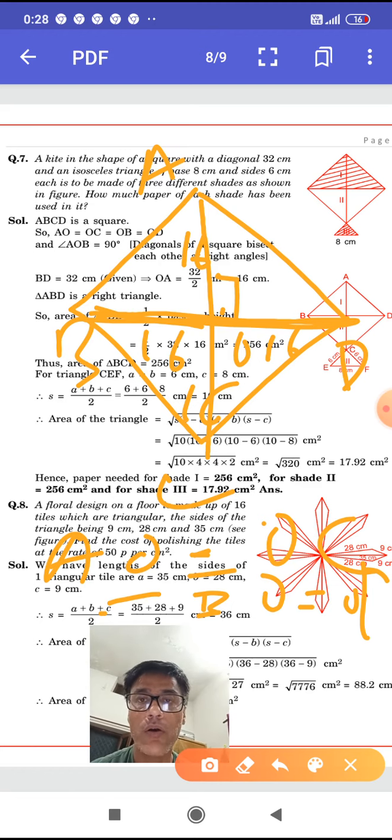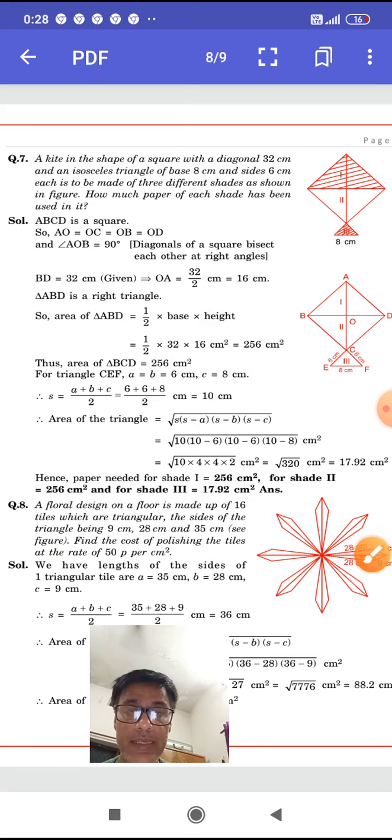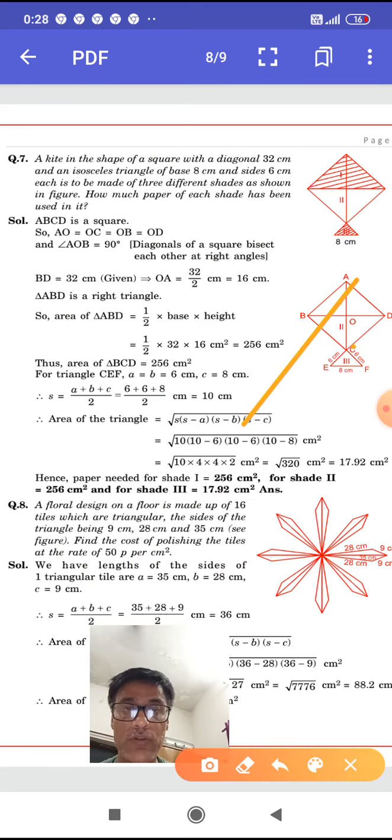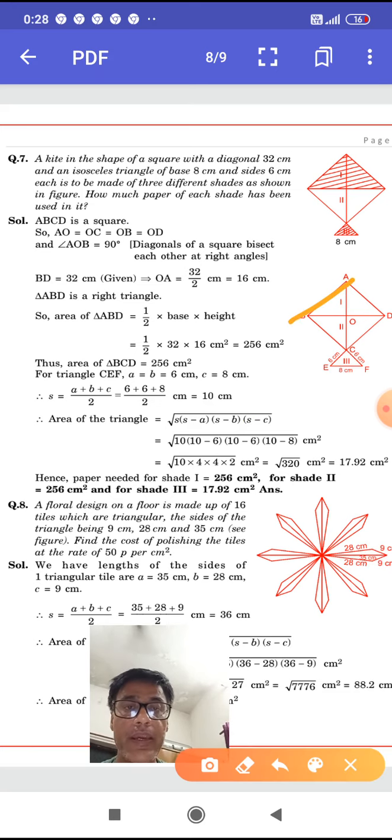Now there is also an isosceles triangle with base 8 centimeter and side 6 centimeter. So here the base is given for this isosceles triangle. We will take it later. First, we will find the area of the first triangle ABD by using the formula 1 by 2 base into height.